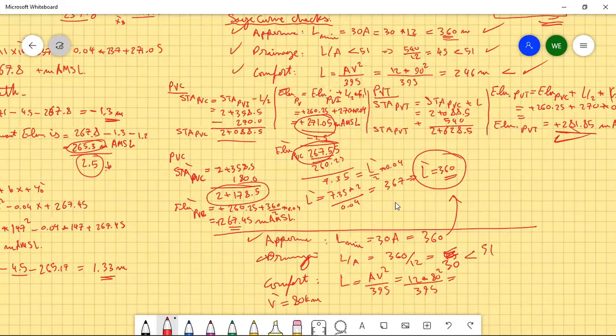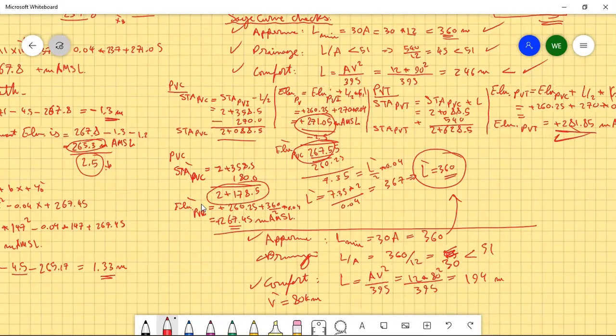This is going to be minimum 194 meters, and we are meeting this condition also. So with this length, all the other parameters are acceptable.